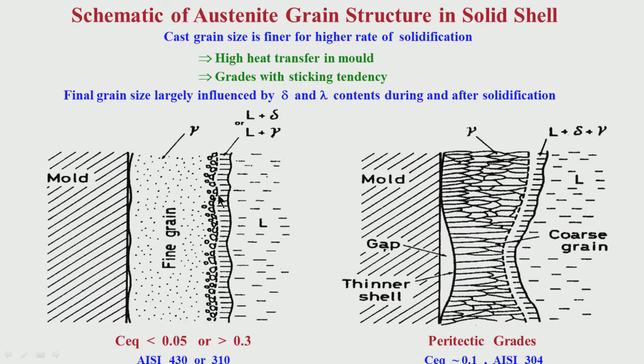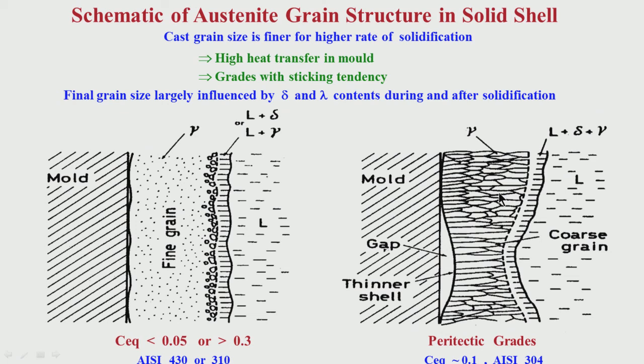Purpose of mold oscillation is to avoid sticking, to give lubrication. So, since the sticking tendency is high here, we should have mold oscillation of certain characteristics where the frequency of the oscillation should be low and the amplitude should be high.